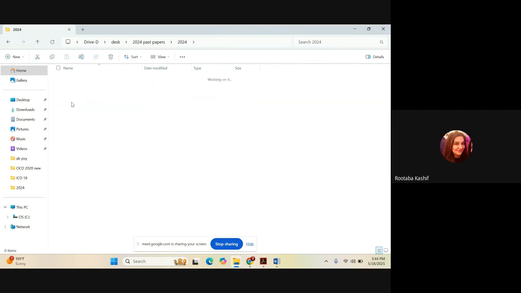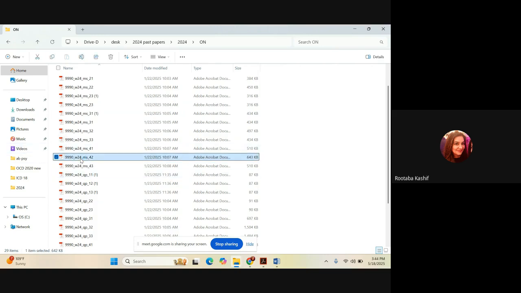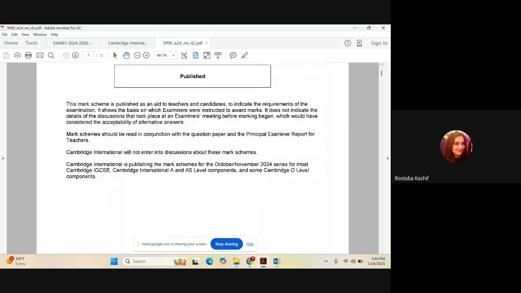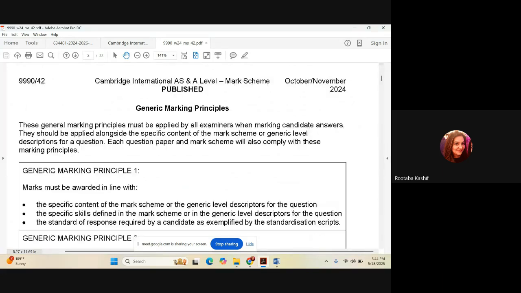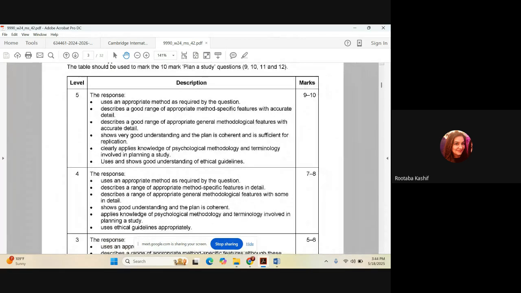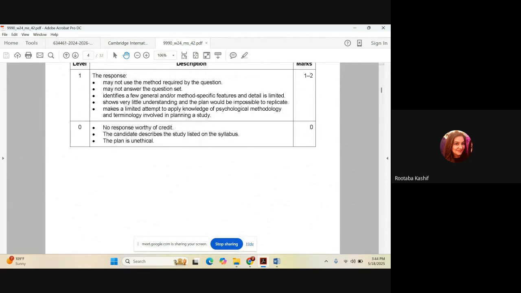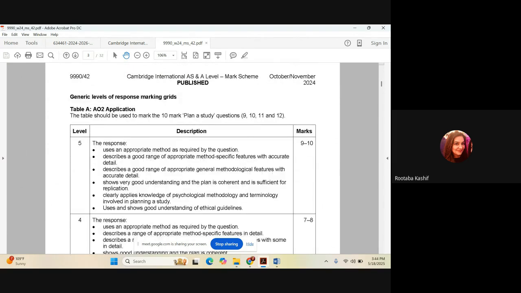Just to give you an example, the examiner is going to look at the marking scheme with a checklist with all the features which are present or not, and it's going to be a level-based marking. Level-based marking basically means that the level is from 0 till 5. 5 is the highest. 0 means that you have not written anything, or whatever you have written is just not required.